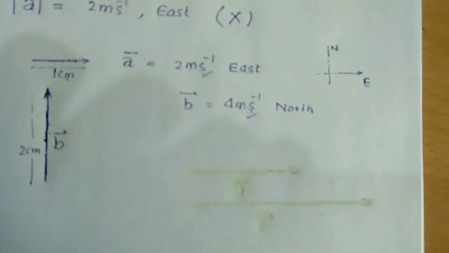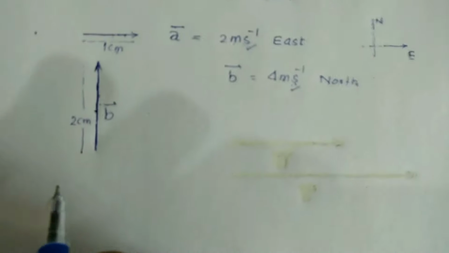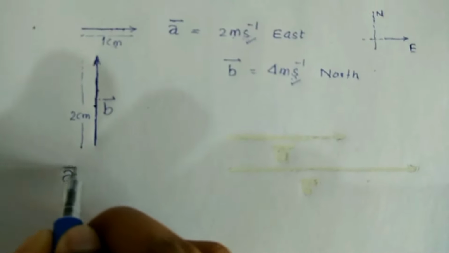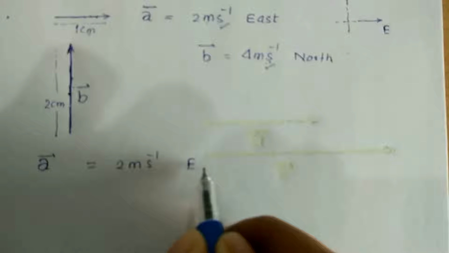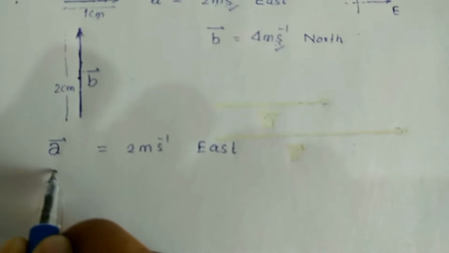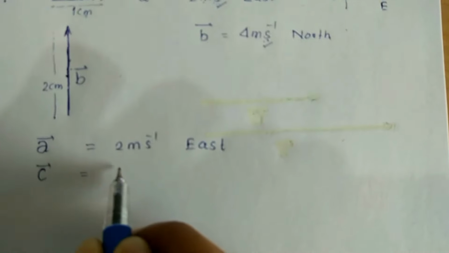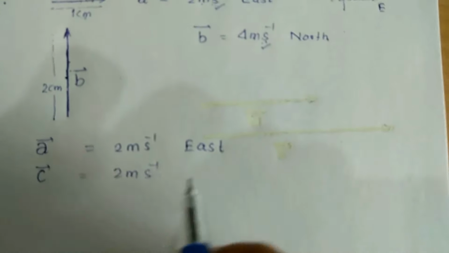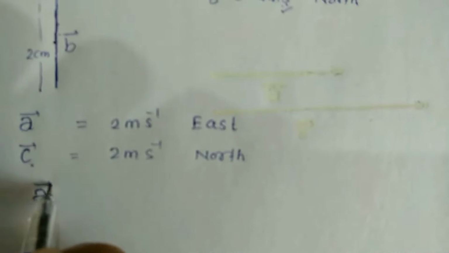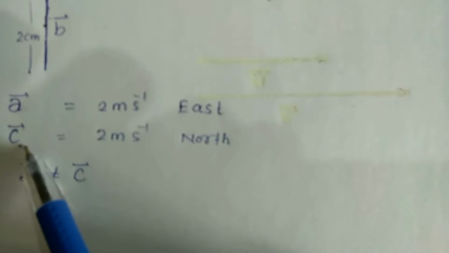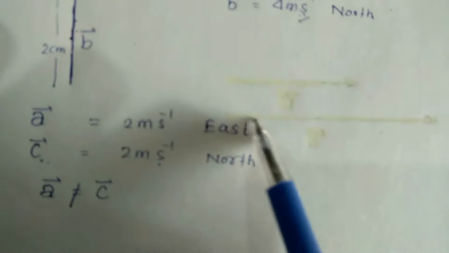Another thing is that if we take a vector A of 2 meters per second directed east, and another vector, suppose C, of 2 meters per second in the north, these two vectors are called not equal vectors, because they have the same magnitude but not the same direction.